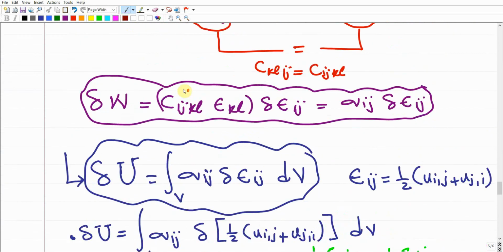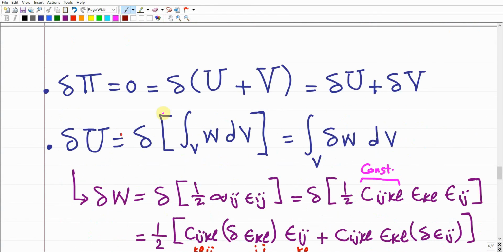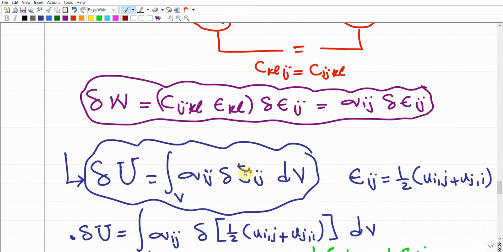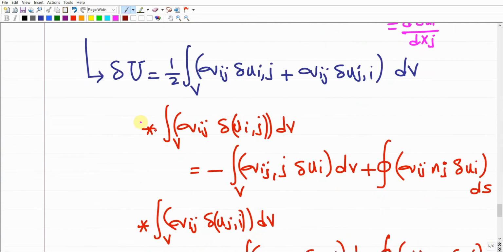So going back here to the first variation of the total potential energy, we said that it should be the first variation of the strain energy plus the first variation of the potential due to work done. We already worked over this one, and we derived the first variation of the strain energy as we did here. Now let us form the first variation of the potential due to work done.